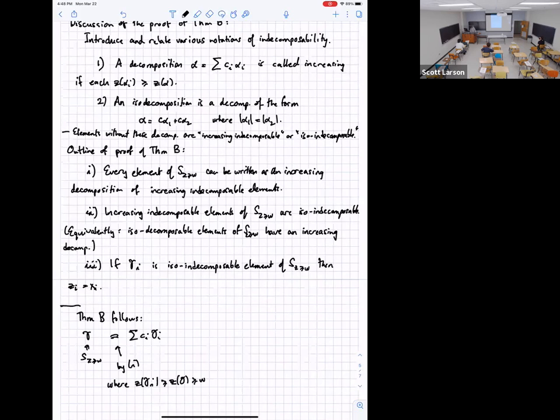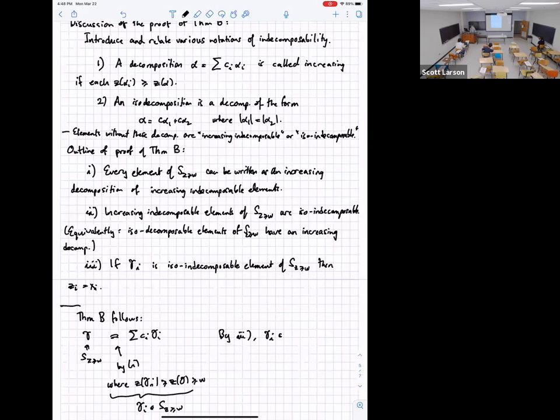And then by 3, gamma i is in S, Z bigger than or equal to W. But by 3, if you're an indecomposable element, Zi is equal to Xi.